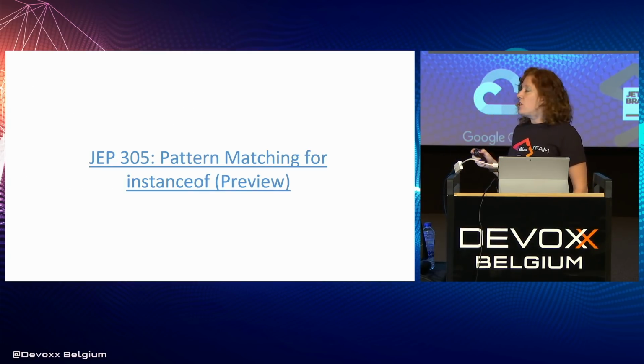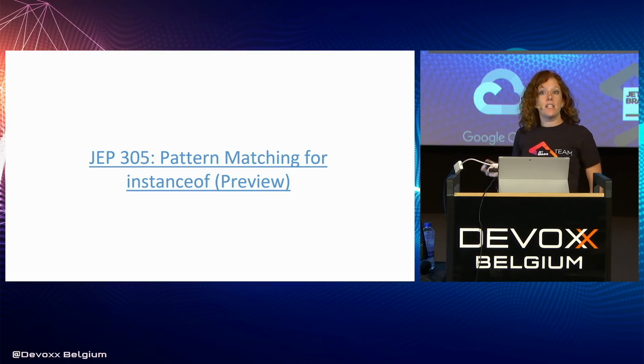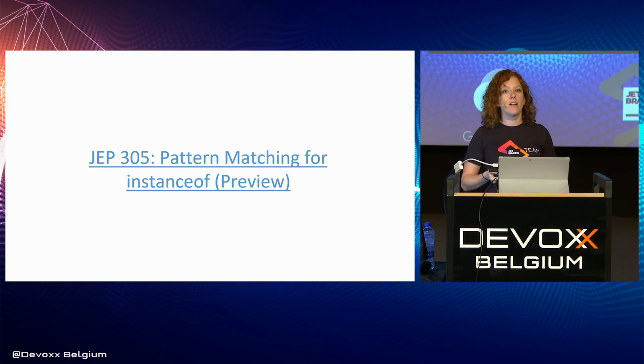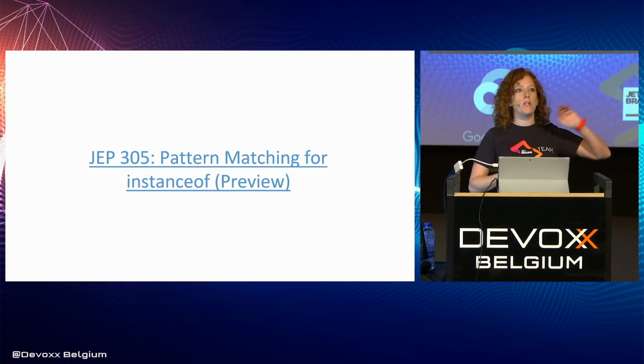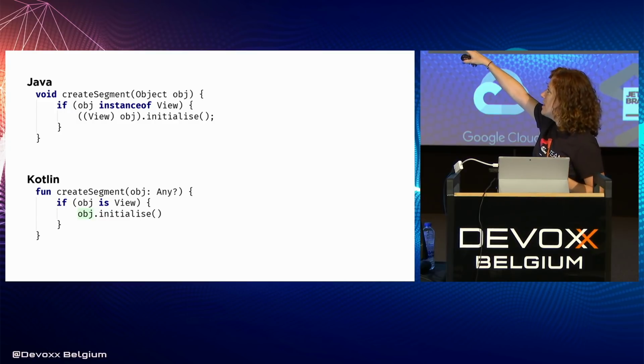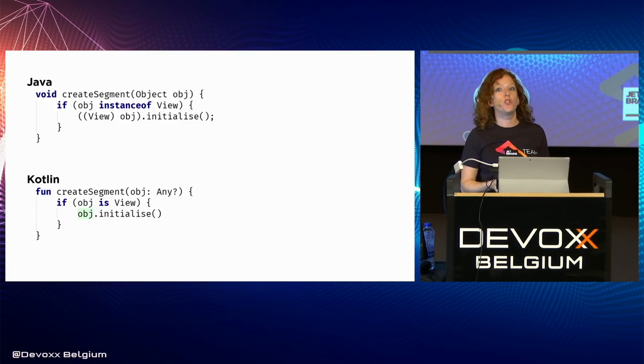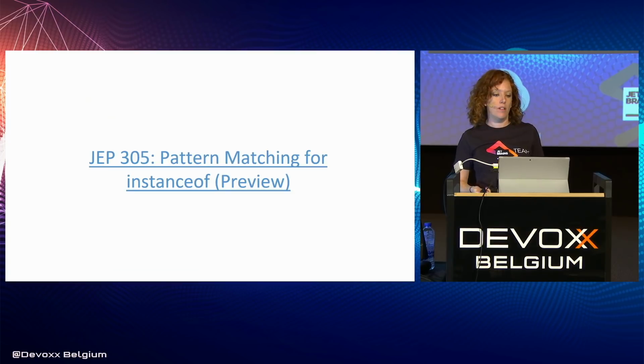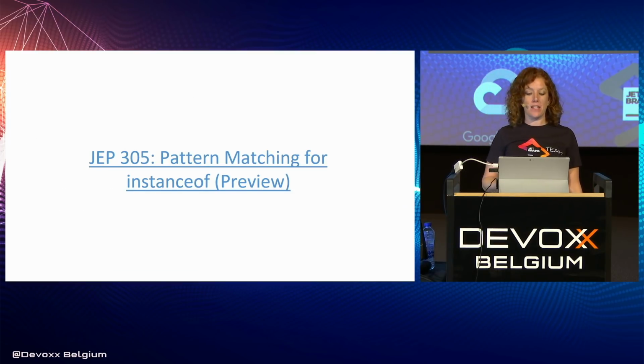This, again, is something which is going to come to Java at some point, because it's recognized that this is just nonsense that we shouldn't have to be writing, we shouldn't have to be reading. It's clear, if you're inside the if statement, then this object has to be a view. Surely the compiler understands that. So it will be coming to Java at some point.